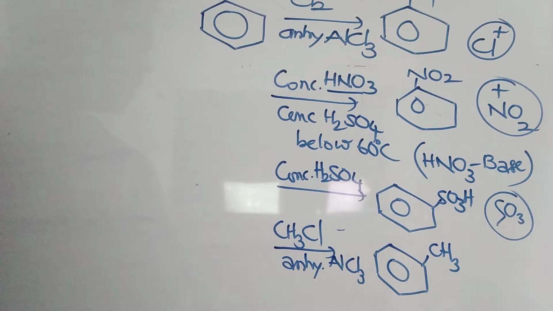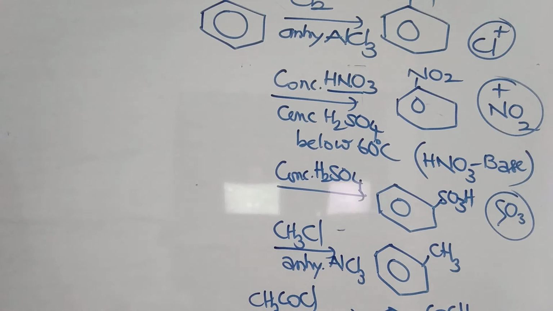Toluene is formed. And if you are using CH3COCl in the presence of anhydrous AlCl3, you will get COCH3, acetophenone. All these reactions are electrophilic aromatic substitution, EAS reactions.